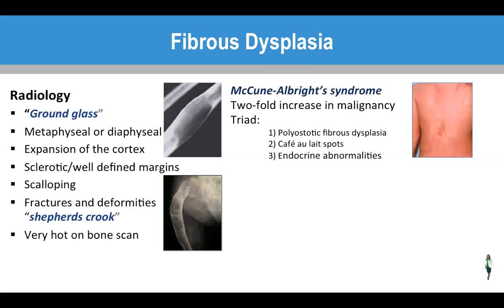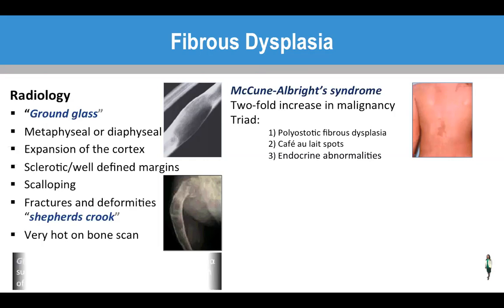So fibrous dysplasia can undergo malignant transformation. Within McCune-Albright syndrome, there is polyostotic fibrous dysplasia, cafe au lait spots, and endocrine abnormalities. Fibrous dysplasia, radiologically, is pretty characteristic.